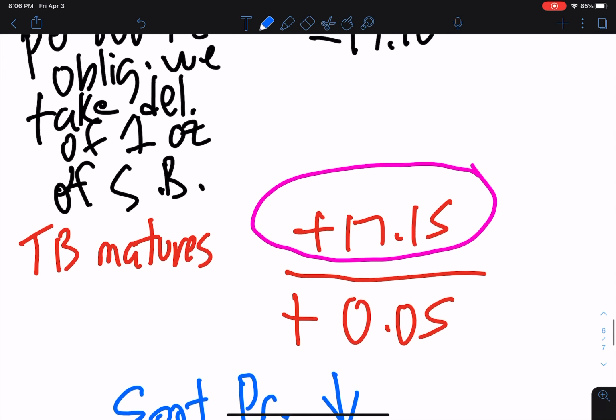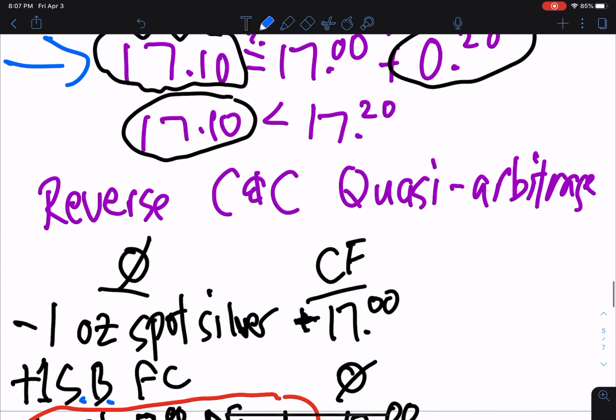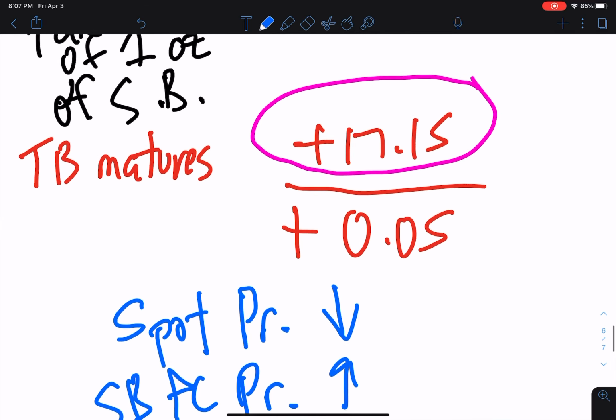And let's just see where this profitability might end. Well, it ends whenever the difference between the cash price and the futures price is equal to carrying costs per unit.